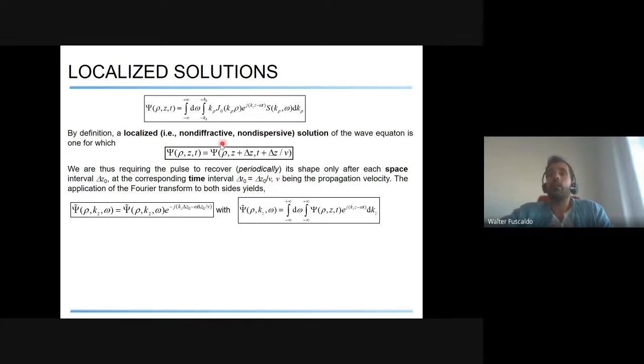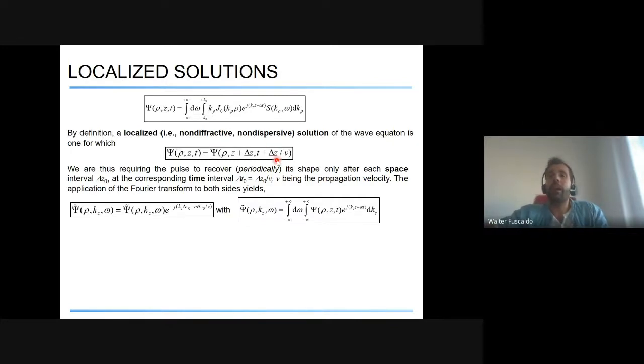Indeed, a localized solution for us is one for which the solution at a given point in space and time, z and t, recovers itself after a rigid translation over the z-axis and after a time that is proportional to the velocity at which this wave propagates.